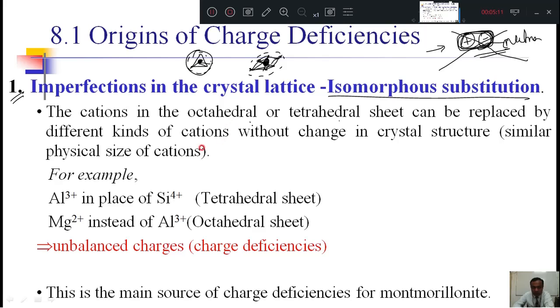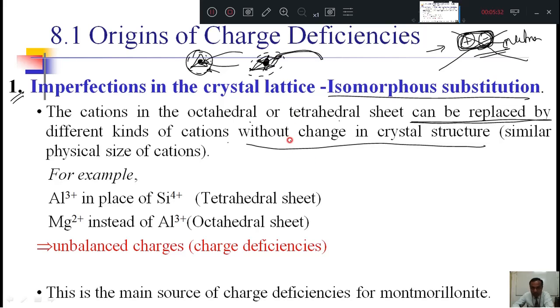Cation is there. That cation can be removed and replaced with other, different cations, without change in the crystal structure. Without disturbing the structure, you can replace it with other ions.